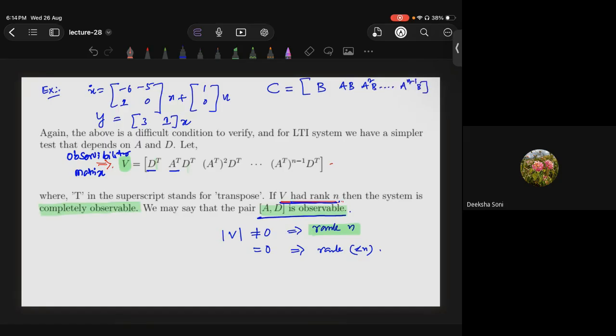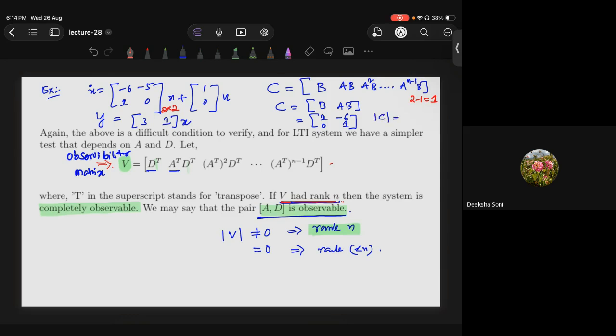Am I correct? So here the system is 2 by 2, which means n is equal to 2, so 2 minus 1 is 1. The controllability matrix in this case is B and AB. The B will be [1; 0], and once you find AB, which I'm giving directly, it is [-6; 1]. Now you find the det.